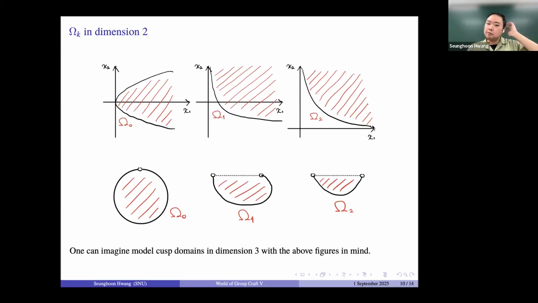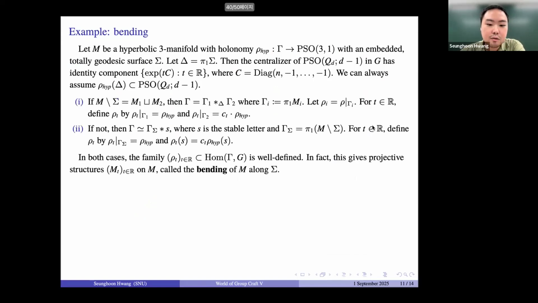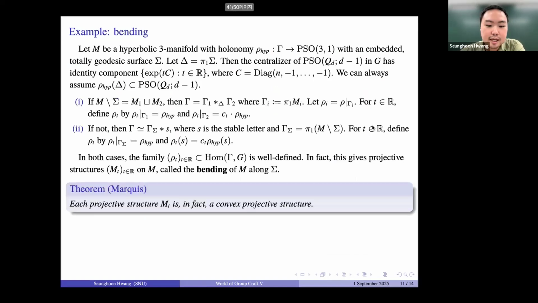So these are very interesting ends that appear when you try to understand convex projective deformations of cusped hyperbolic manifolds. I will give you one example, but I'm running out of time, so I cannot explain all the details of the construction. I will just assume that we all know what bending constructions are.